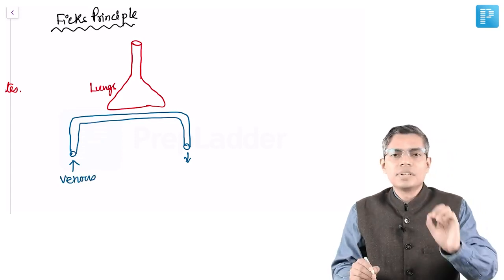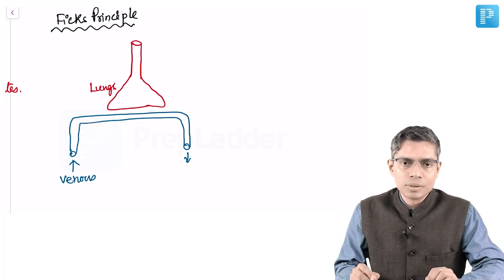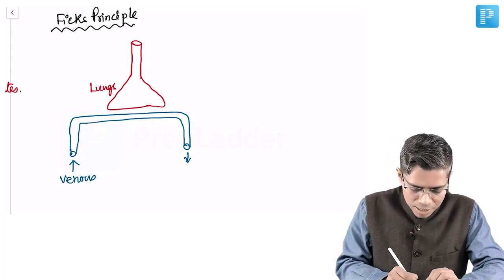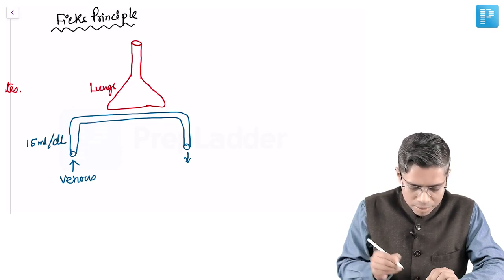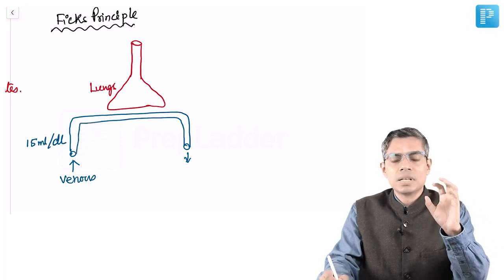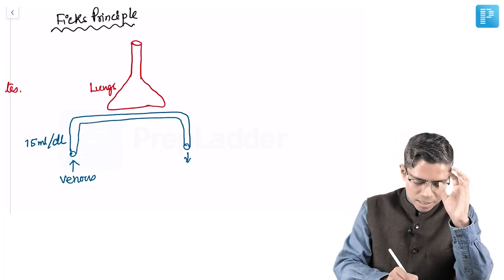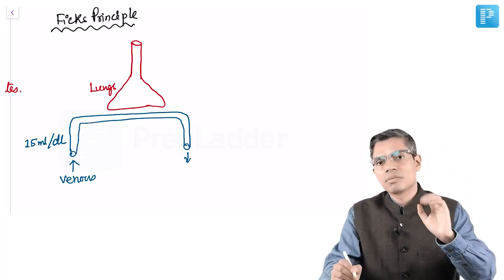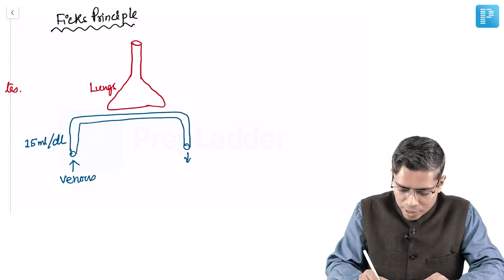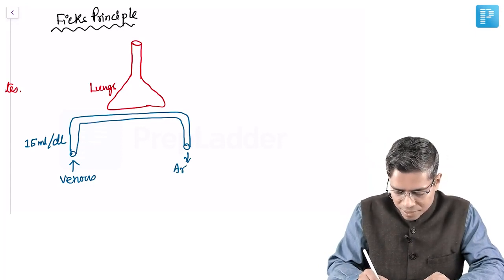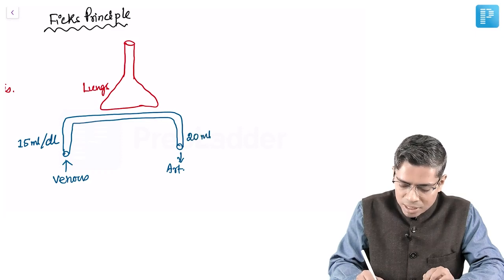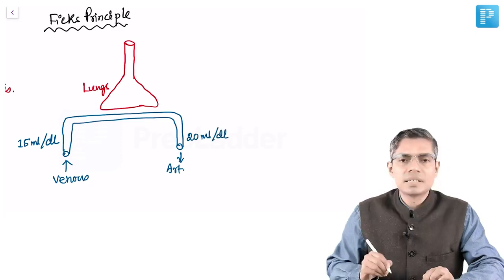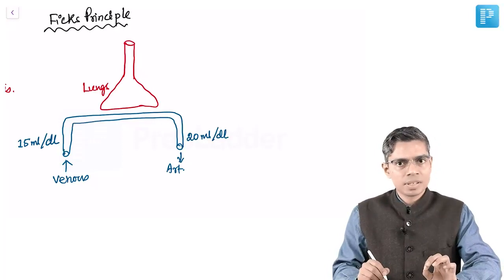If you look at the venous blood oxygen content, normally it is 15 ml oxygen present per deciliter of blood. Per deciliter means 100 ml blood. So 15 ml oxygen is present in 100 ml of venous blood. And if you look at the arterial blood, it contains 20 ml of oxygen per deciliter of arterial blood.